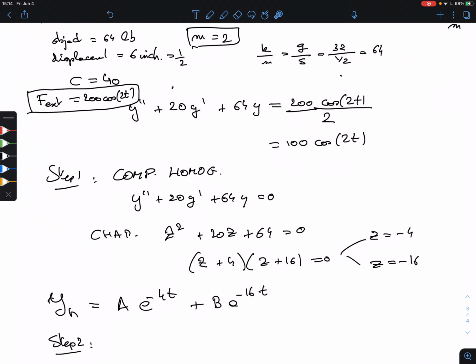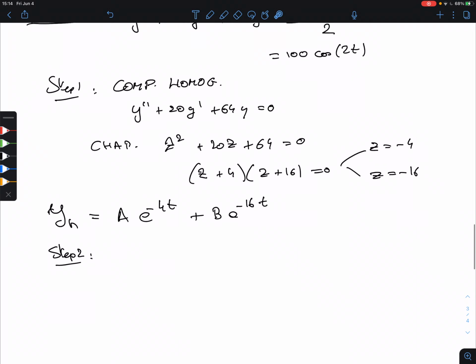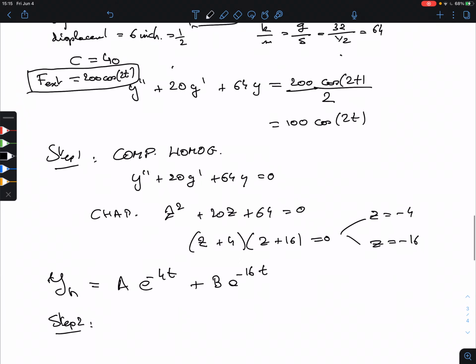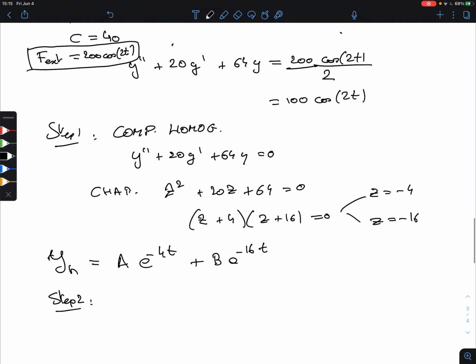We have to put a cosine and a sine using this angle omega here. So what is omega here? Omega is 2 here. We always have to be careful whether this interferes. It is a resonance, right?